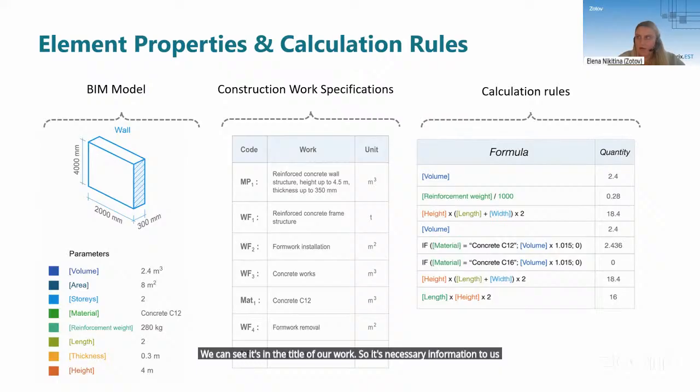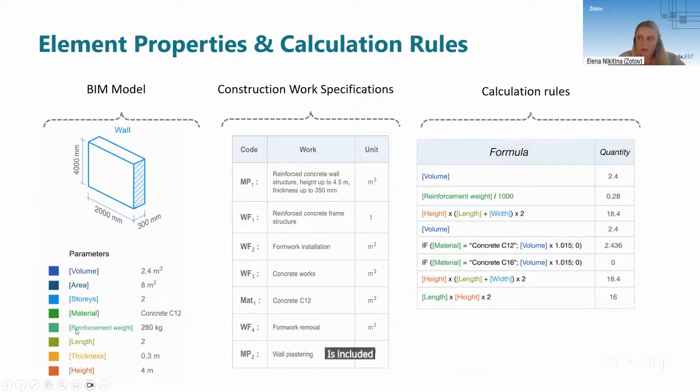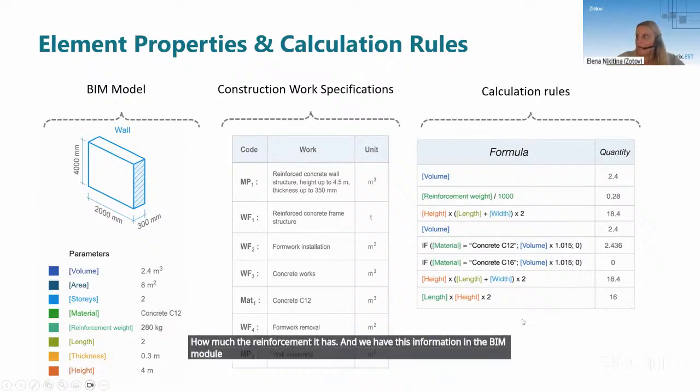After this, we need some other information. We need to choose the right material. So we need to work out which concrete this wall includes, and how much reinforcement it has, and we have this information in the BIM model to make the calculation in Larix EST.